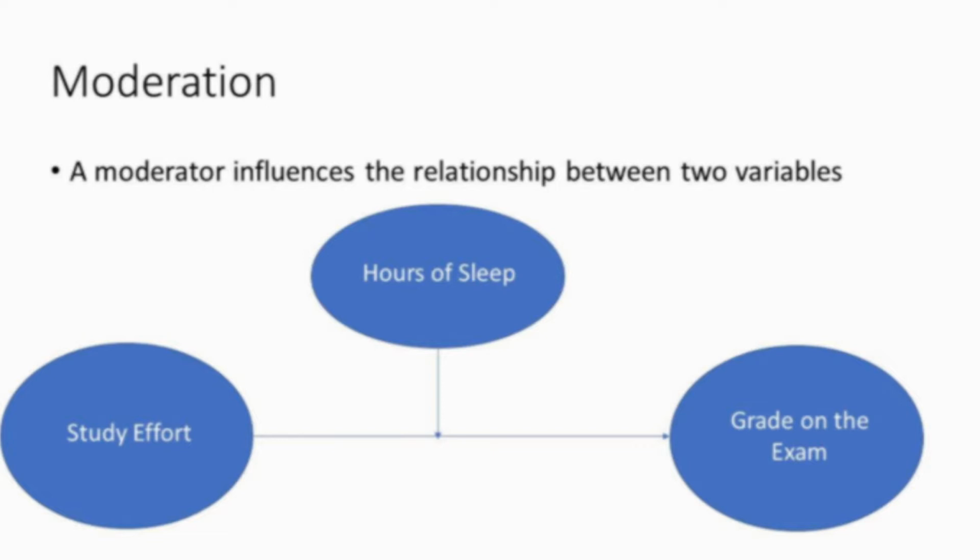Now, with study effort and the grade on the exam, we don't necessarily need hours of sleep, right? We could take an exam after 3 days of not sleeping. Not recommended, but according to this, it's something that probably indirectly influences a relation or directly influences a relationship between two variables, but is otherwise not directly related, so to speak.